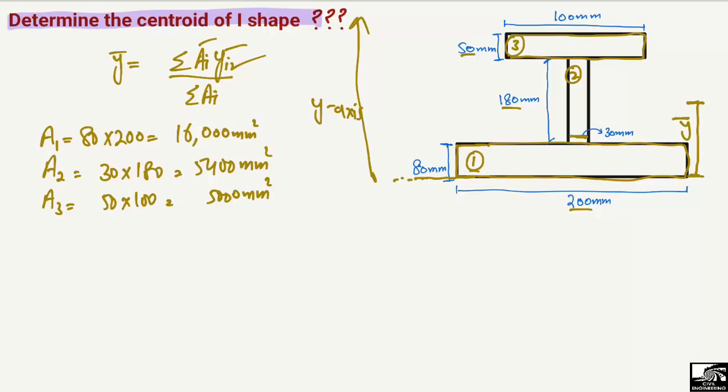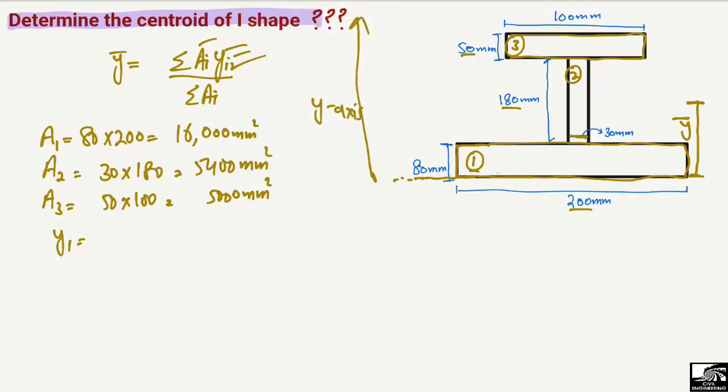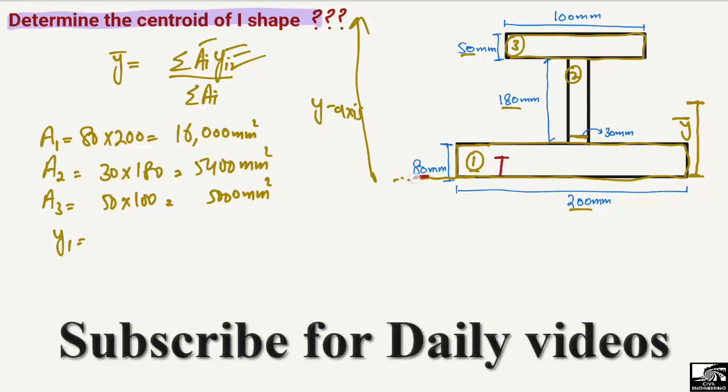So the first y will be the centroid of the first object, y1. If I draw it as another shape, the centroid of this object will be here somewhere, which is 80 divided by 2. This will be y1: 80 divided by 2, which comes out to be 40 millimeter.